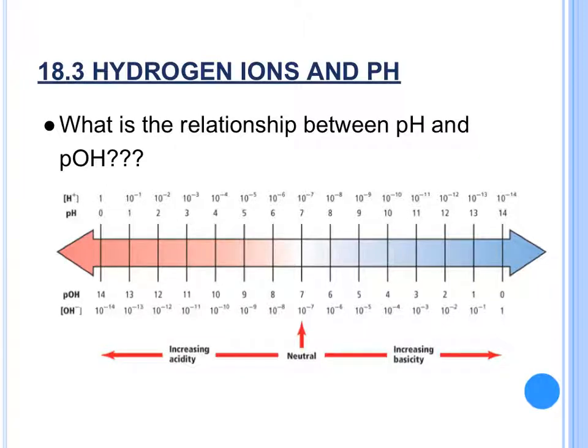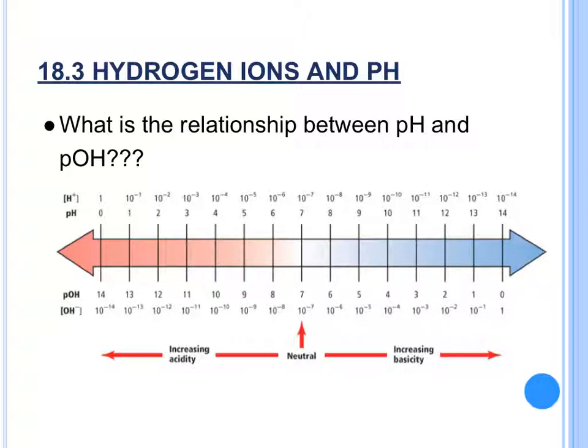So we talked about this a couple of slides back, the relationship between pH and pOH. First of all, if you're looking at the scales themselves, they are opposite of one another. So a 0 on the pH scale is equal to 14 on the pOH scale, and vice versa. 14 on pH is equal to 0 on the pOH.